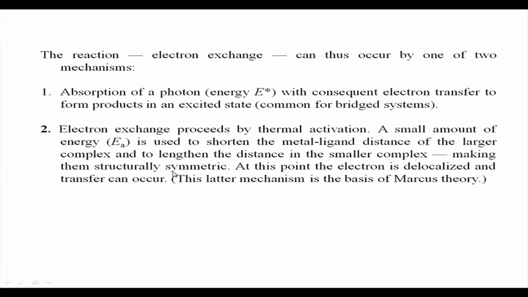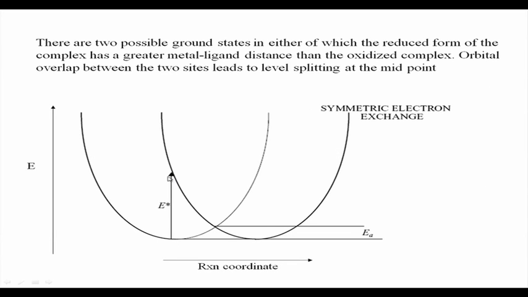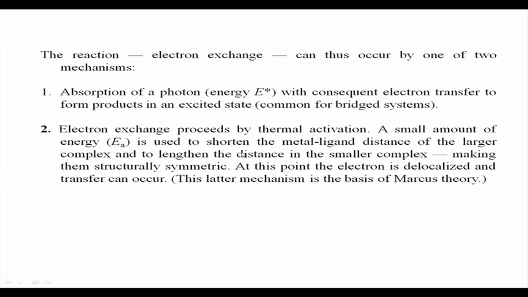So the electron exchange reaction can occur by one of two mechanisms. As I told you, E star means the amount of energy that may be supplied by a photon, or by some other means. So absorption of a photon of energy E star, with a consequent electron transfer, forms the products in an excited state.